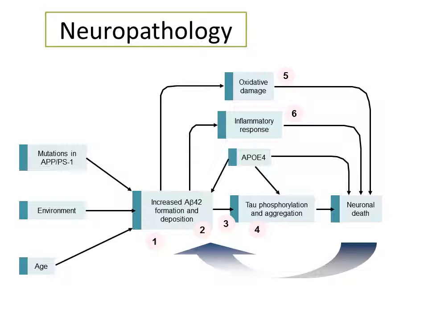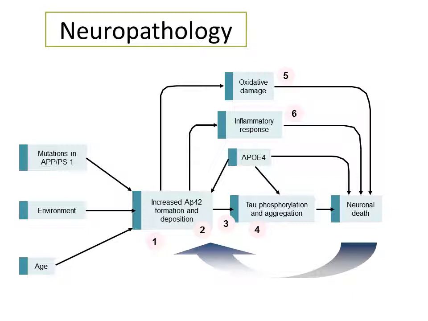The aggregated amyloid also causes oxidative damage, mitochondrial dysfunction, inflammatory response, and disturbance in calcium homeostasis that also lead to neuronal death.